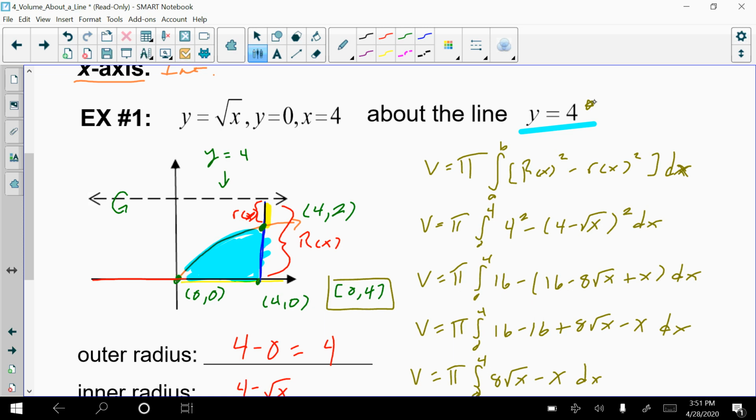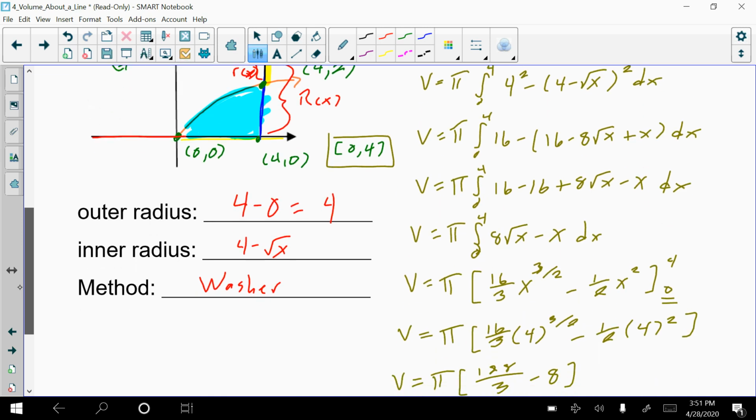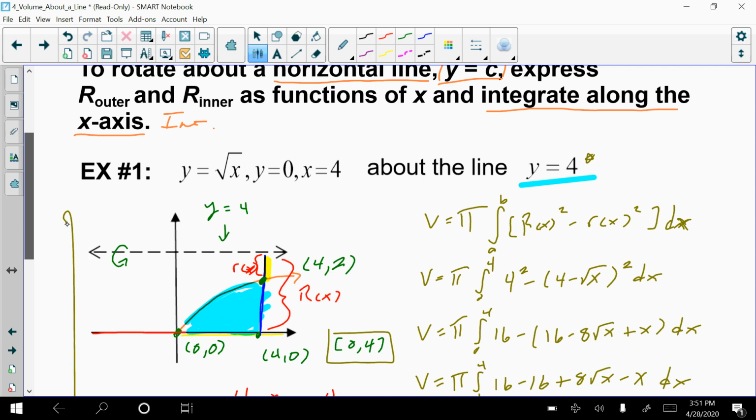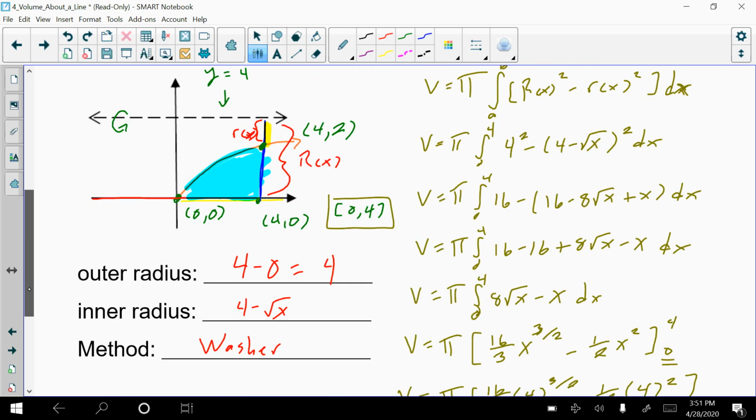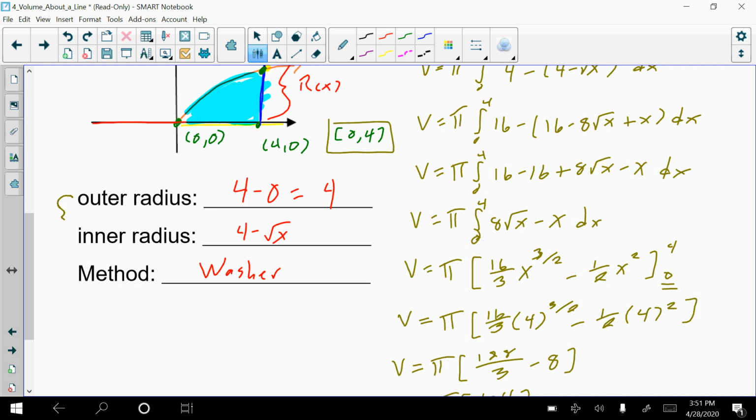And so we have to do a little bit more thinking in terms of identifying what our radii are going to be, and then go to town with the washer formula, so to speak, of finding the volume.